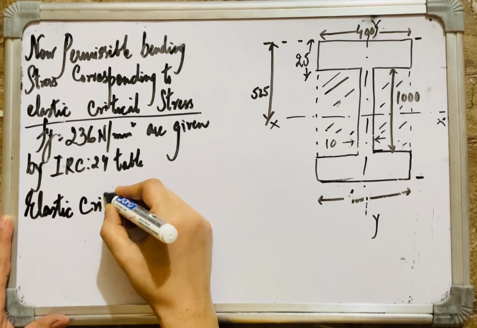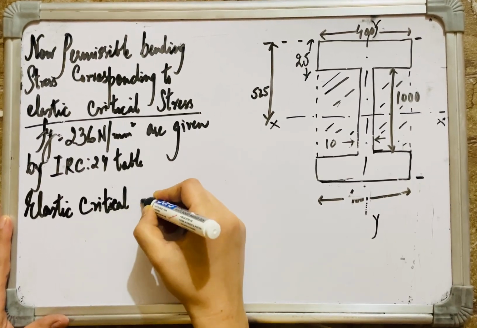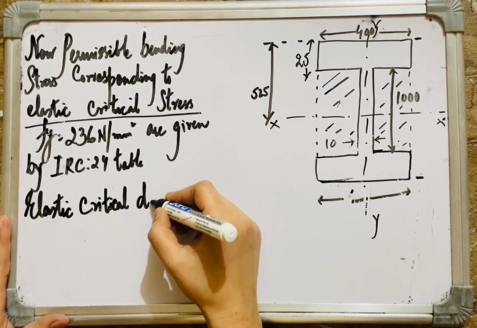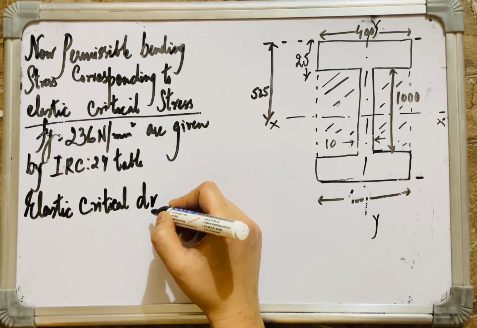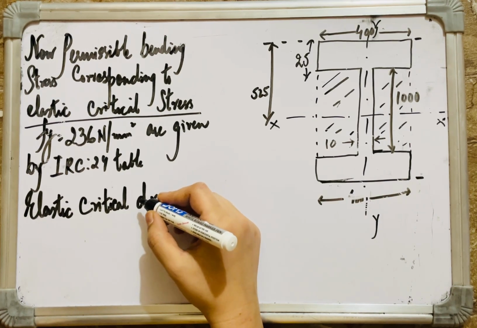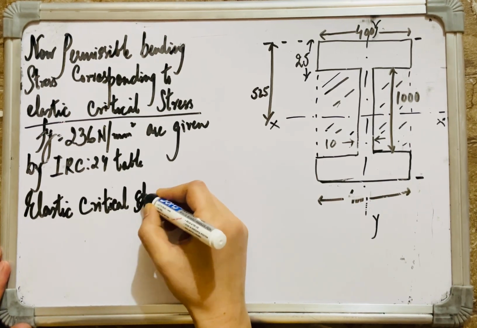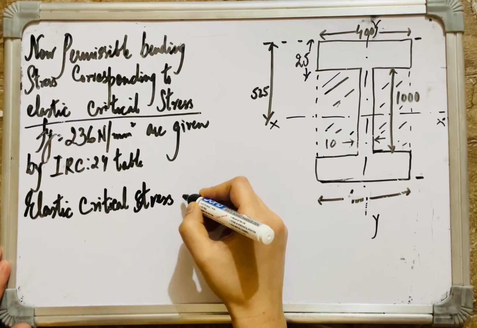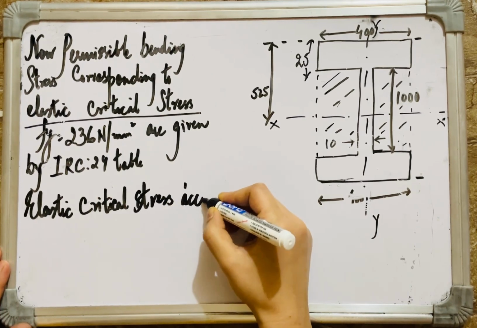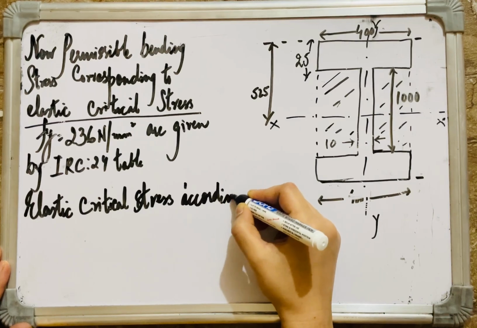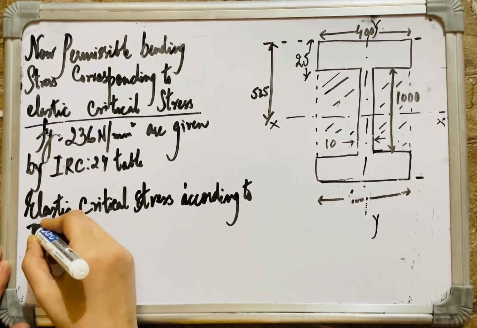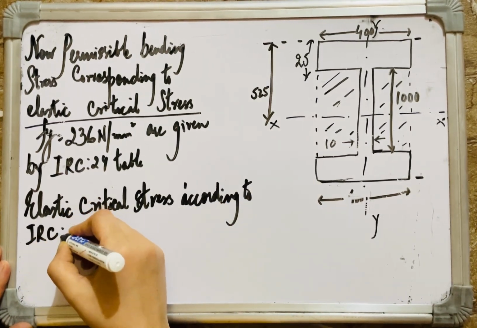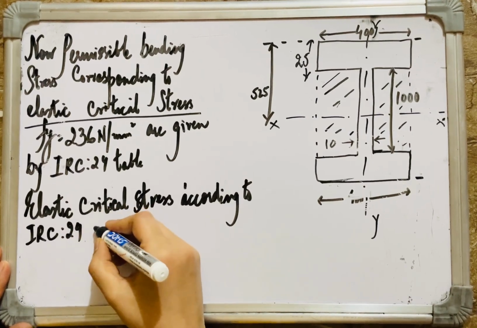As already discussed, and we are discussing it every now and then, we are designing our steel truss bridge as per the working stress method or the elastic design method. All right, so the elastic critical stress according to IRC 24 for I sections.